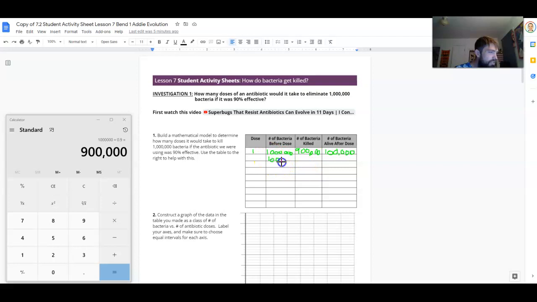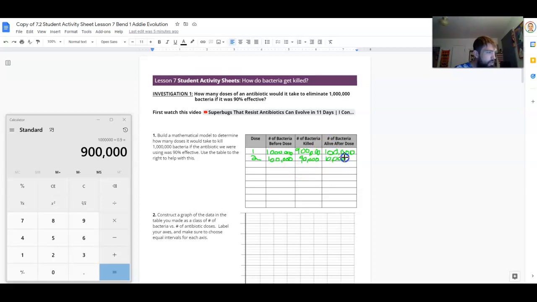Okay, so that's how many we have here before the next dose, because we have 100,000 left. So 100,000, dose 2. If we took 100,000 and multiply it by 0.9 again, we would see that 90,000 were killed. And that leaves us with 10,000.